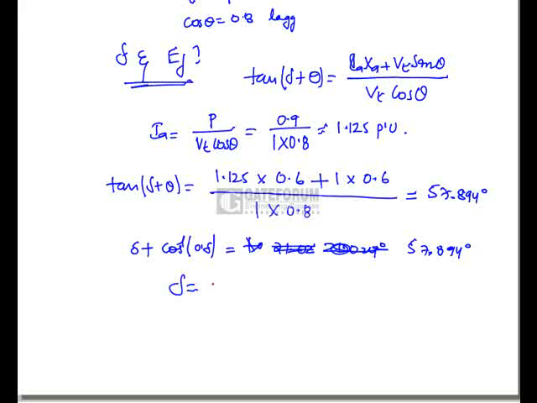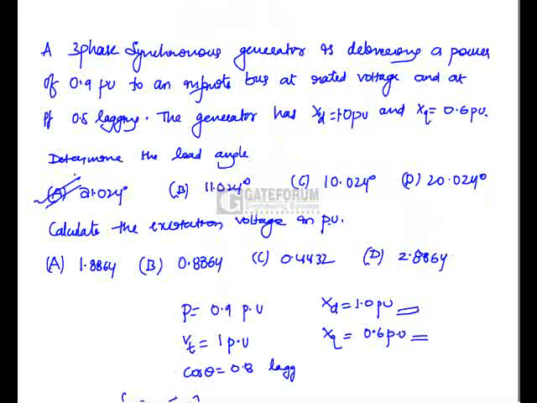From this we will get delta as 57.894 degrees minus 36.86. So the power angle, or we can call it the load angle, is equal to 21.04 degrees. That is option A.